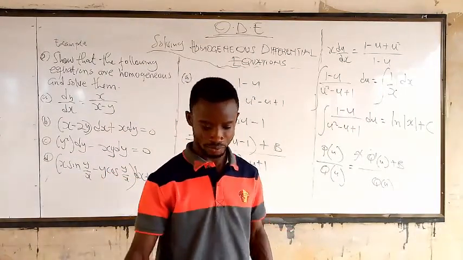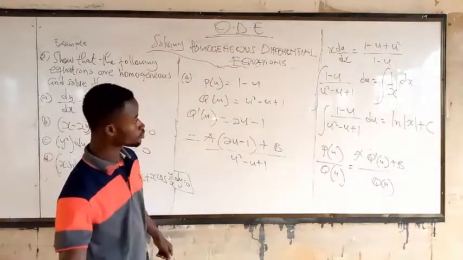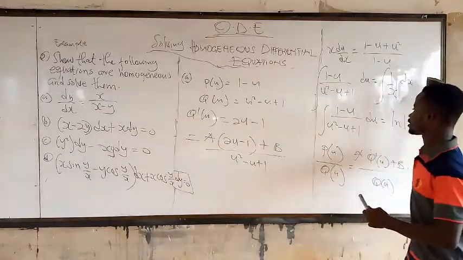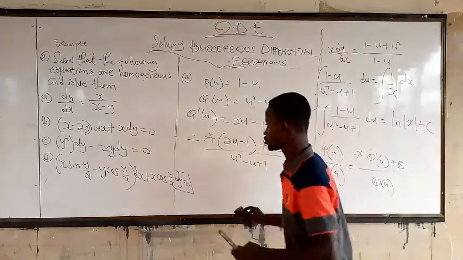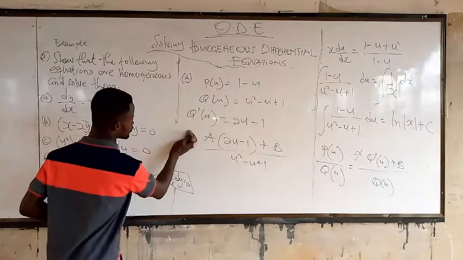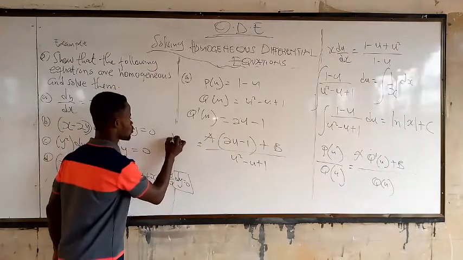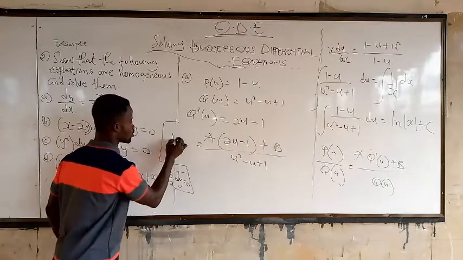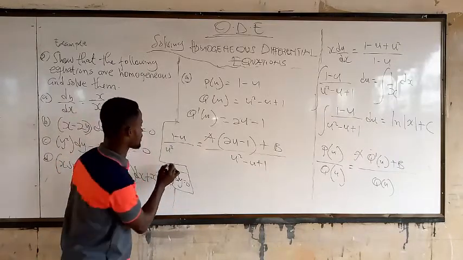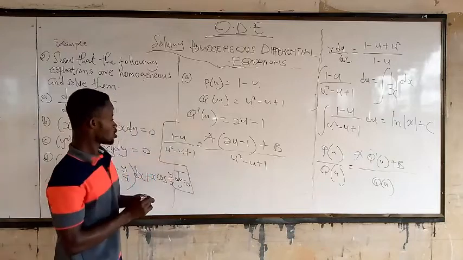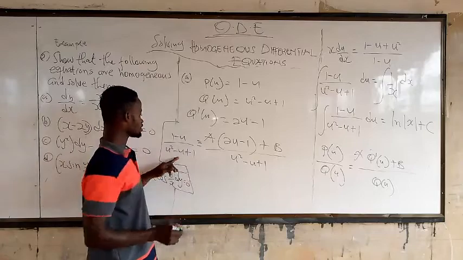So now we are equating this to 1 minus u over u squared minus u plus 1. Let me rewrite it, let me come to this side. I hope this side is clear. We know that this is identical to this.